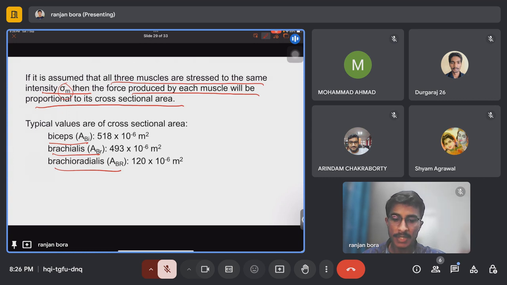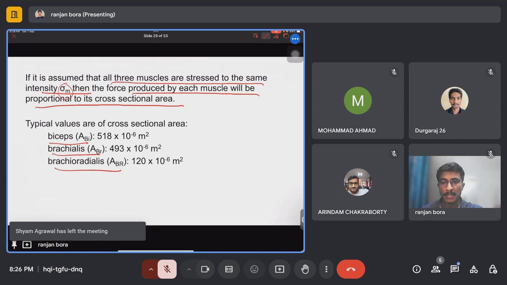People have already done research, and they have found that the stress intensity is the same for these three muscles. That's why they have reported it here. So this is an assumption we are taking, but in the actual case it may be different. But for solving this problem, we are assuming that it is the same.